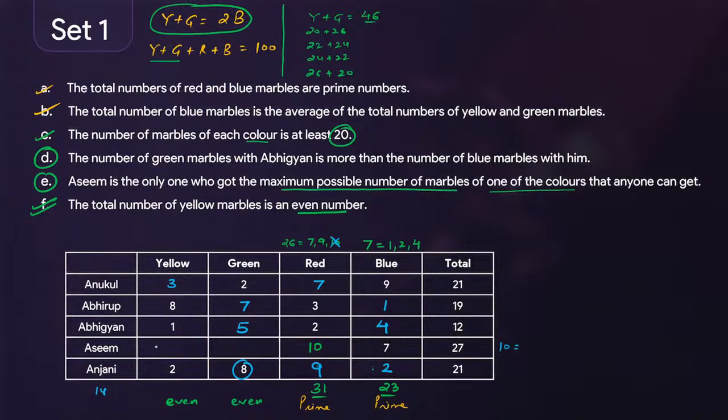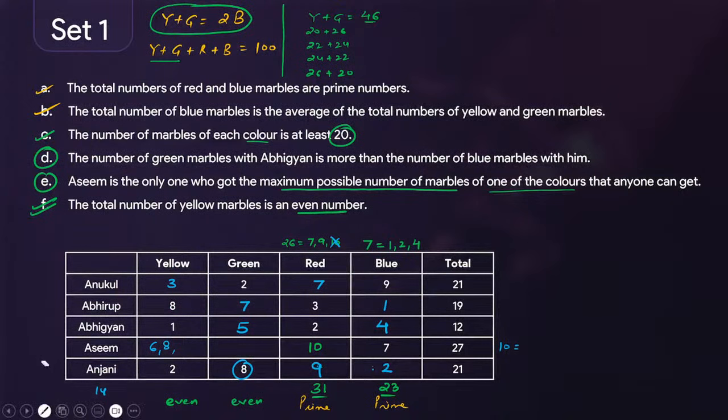So minimum 6 marbles has to be given to Asim. Minimum 6 marbles होने चाहिए. To make the sum even, it can be either 8 or it can be 10. But 10 cannot be used. Also 8 cannot be used because Abhiroop has already 8 yellow marbles.